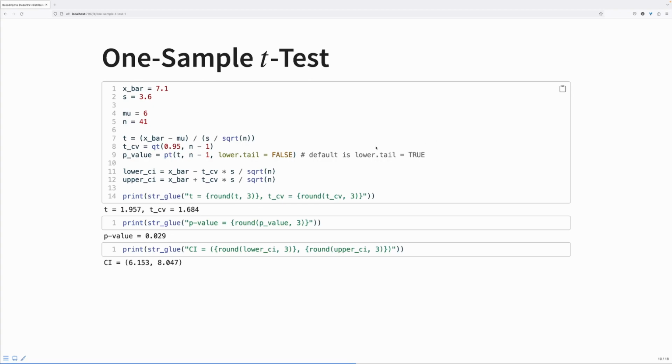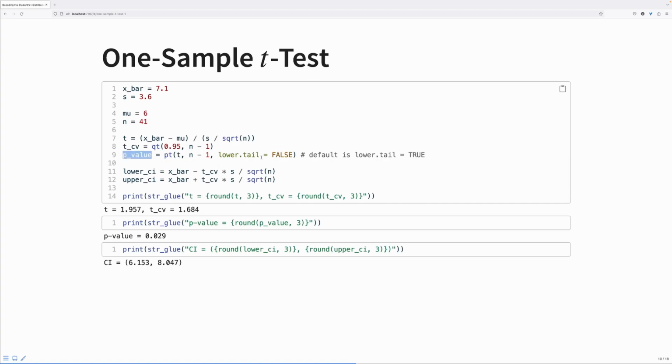Right, so we have x bar equal to 7.1, sample standard deviation equal to 3.6, mu equal to 6, and the sample size is 41. Okay, so we plug into x bar minus mu divided by the sample standard deviation divided by the square root of n, and we calculate the t critical values, and also we calculate the p-value.